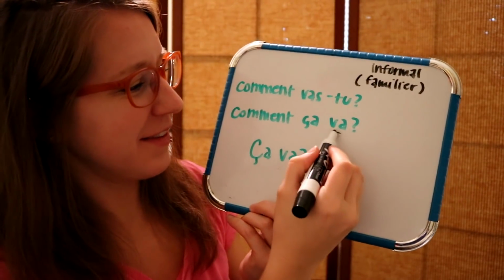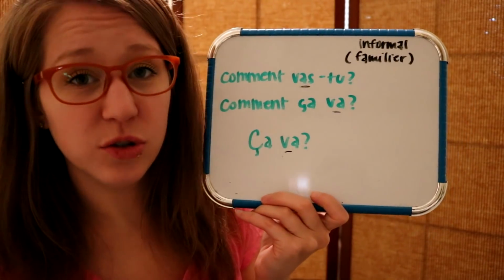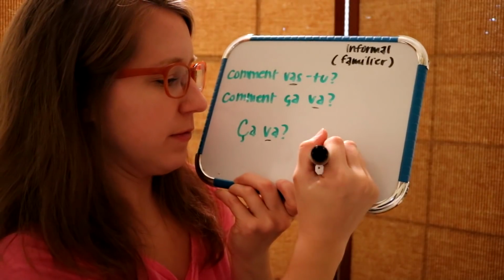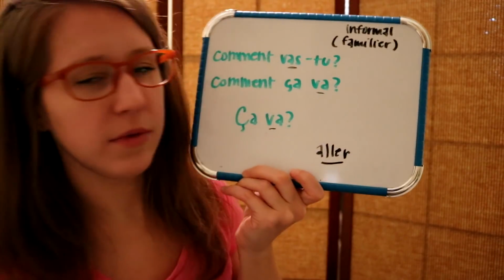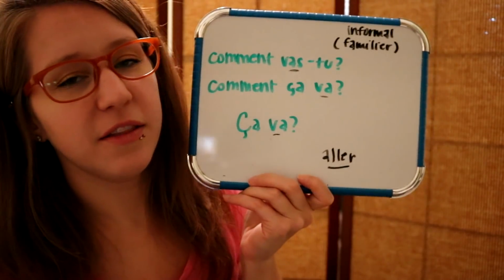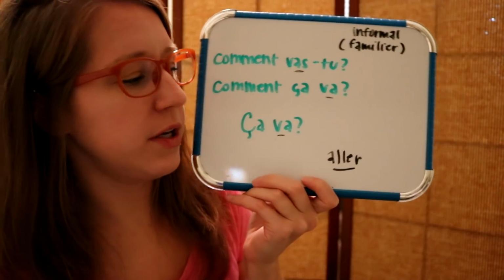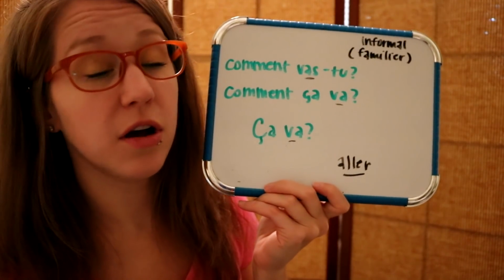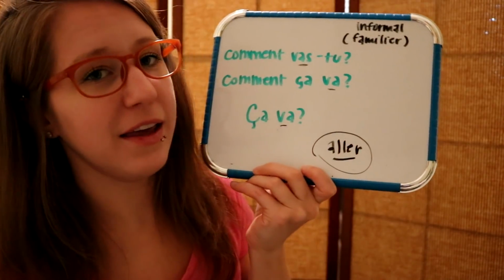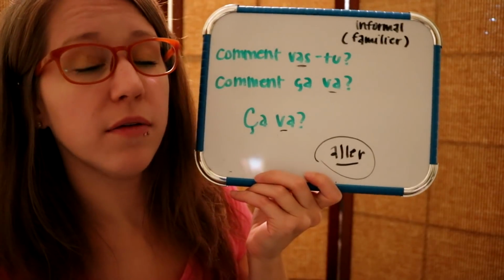This is still your verb. Aller, meaning to go. The thing is that this verb is an irregular verb. So in much of its conjugation, it doesn't look like the infinitive form of the verb.